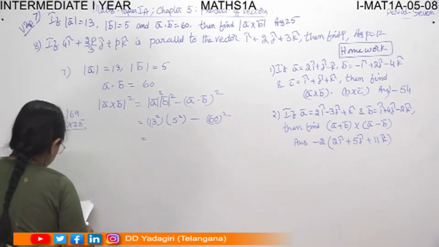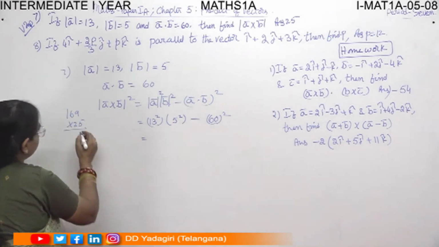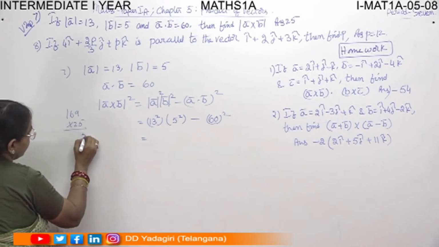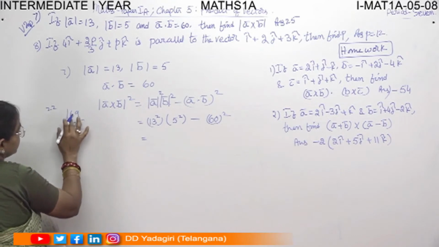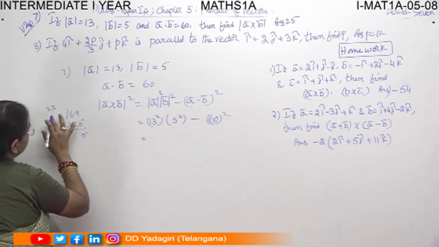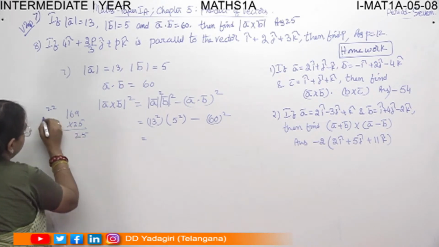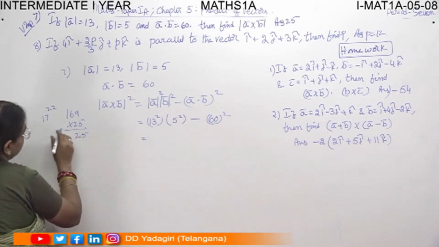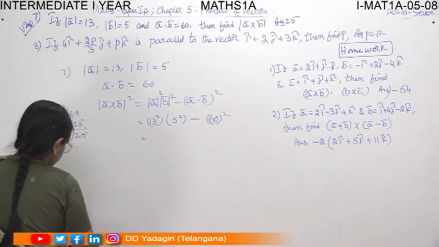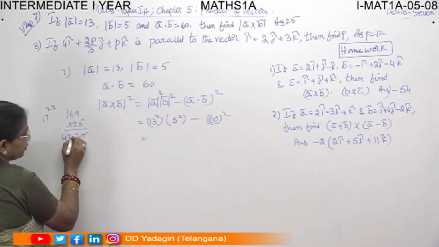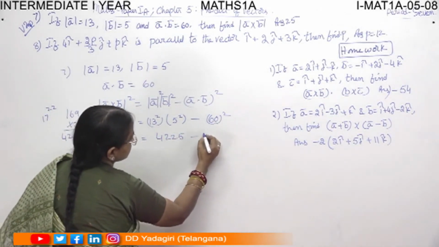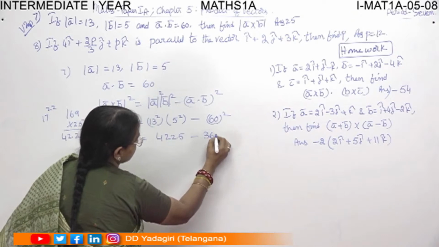So 169 into 25 I'm getting 4225. Okay, 4225 minus 60 square is 3600.